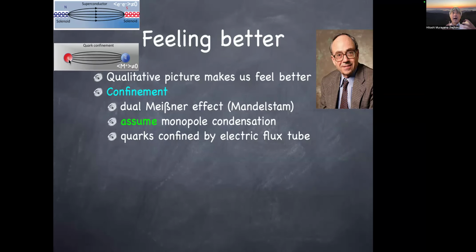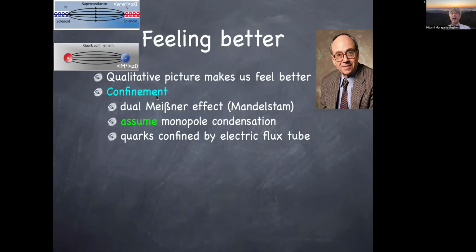So a quark has a color electric charge, an antiquark has an anti-color electric charge. So there's supposed to be a color electric field in between, but in the presence of this condensate of the magnetic monopole, the color electric field is squeezed into flux tubes, and therefore the potential between quark and antiquark becomes linear in distance, and that's the idea of confinement.